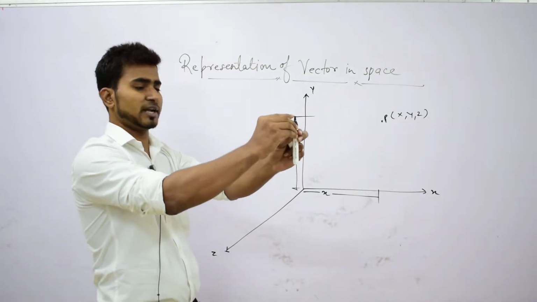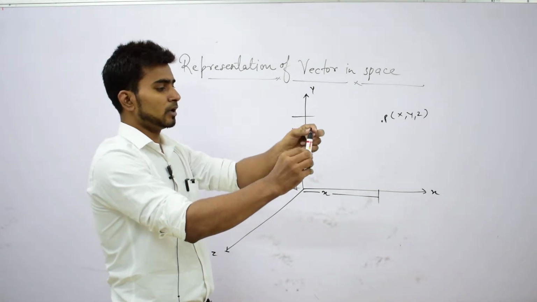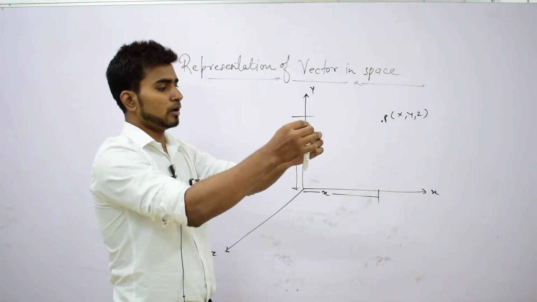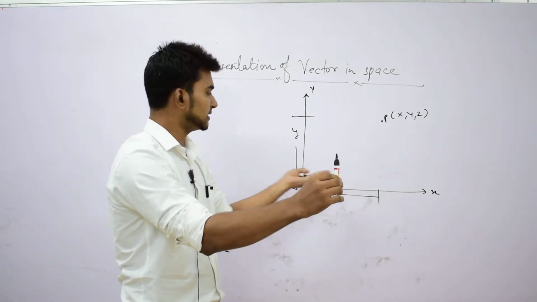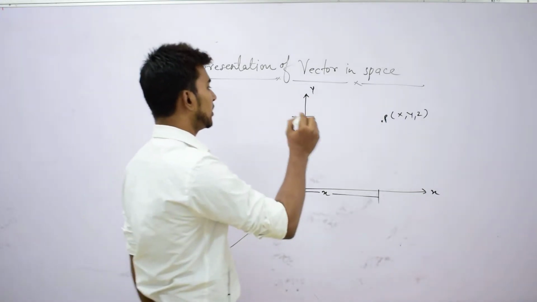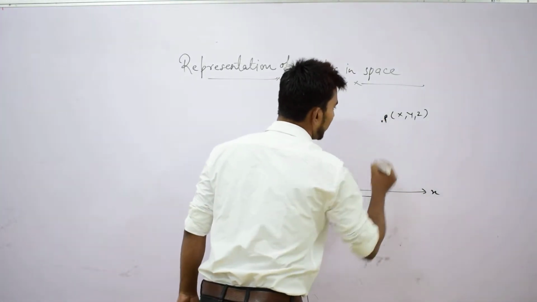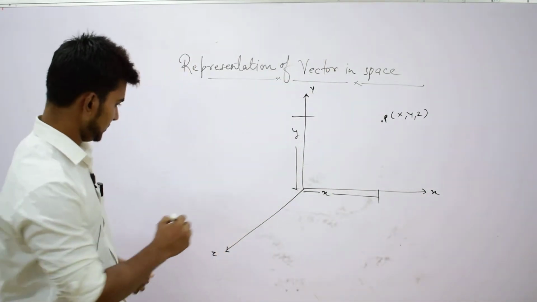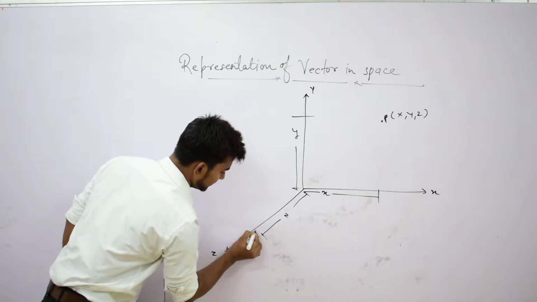Let us suppose this is the tip and this is your point P. So these three coordinates express any point in the space.